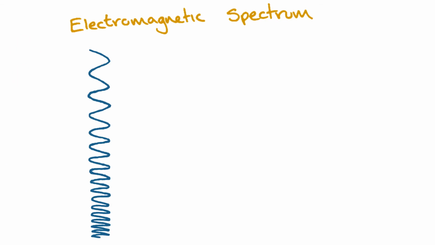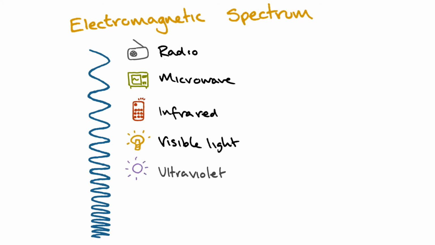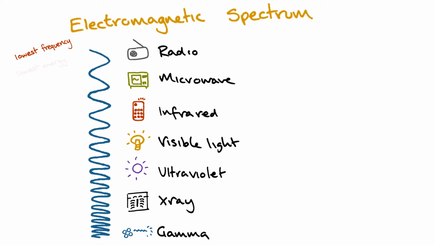Unlike the electromagnetic waves. This is the electromagnetic spectrum. It's made up of all of these types of waves: radio waves, microwaves, infrared, visible light, ultraviolet, X-ray and gamma ray. At the top of the spectrum we have the lowest frequency waves and the lowest energy waves with the longest wavelength.